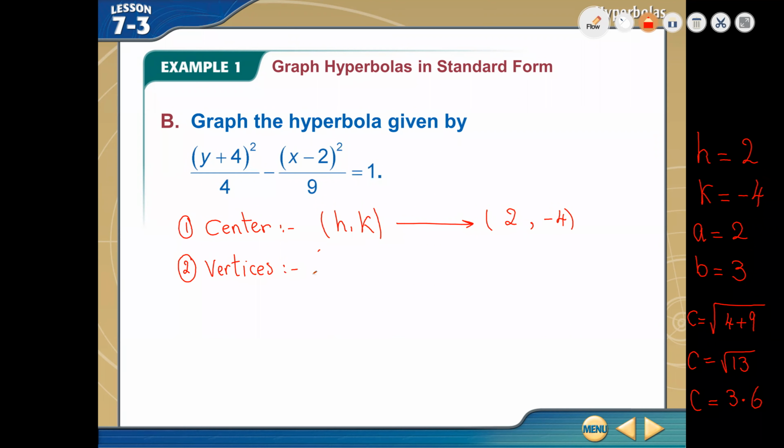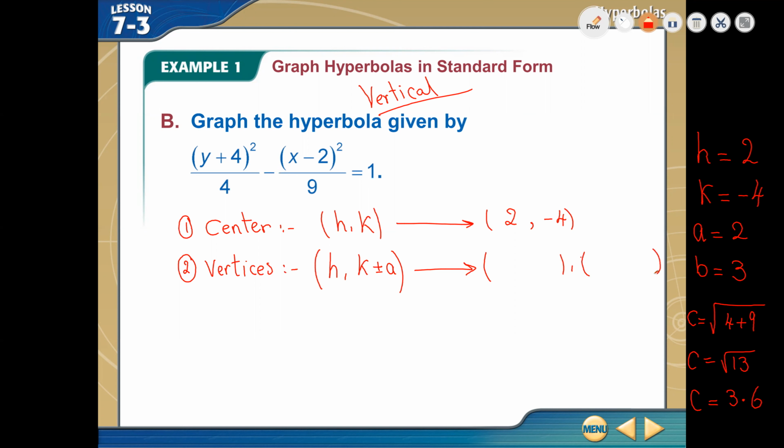I can give you the rule. It's H and K, positive or negative A. Mister, you change because we have here a vertical hyperbola. Okay, so substitute H, Nasser. H is 2.